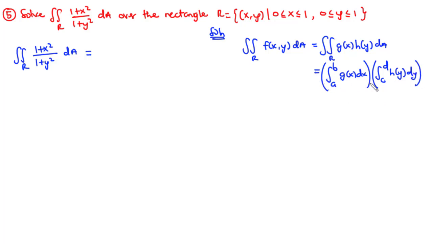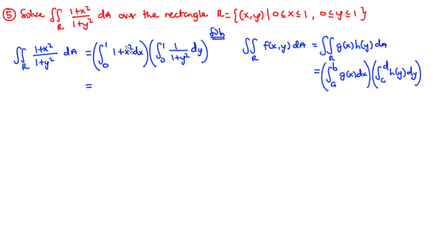So basically we are going to apply this here. So we have this to be the integral from 0 to 1 of the function 1 plus x squared dx, and we have this times the integral from 0 to 1 of the function 1 over 1 plus y squared dy.